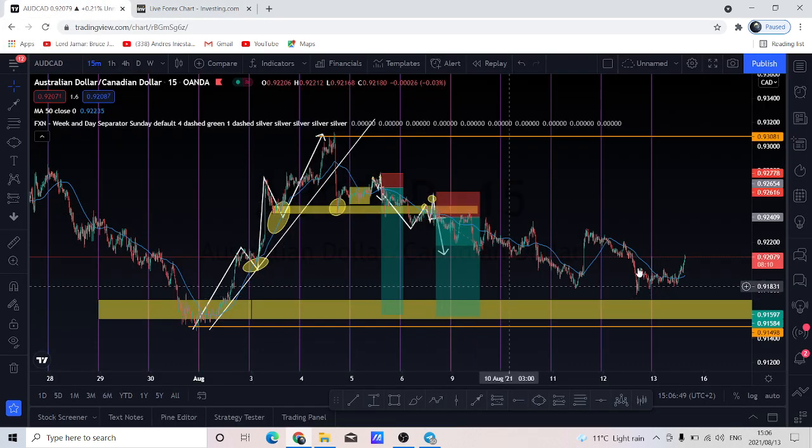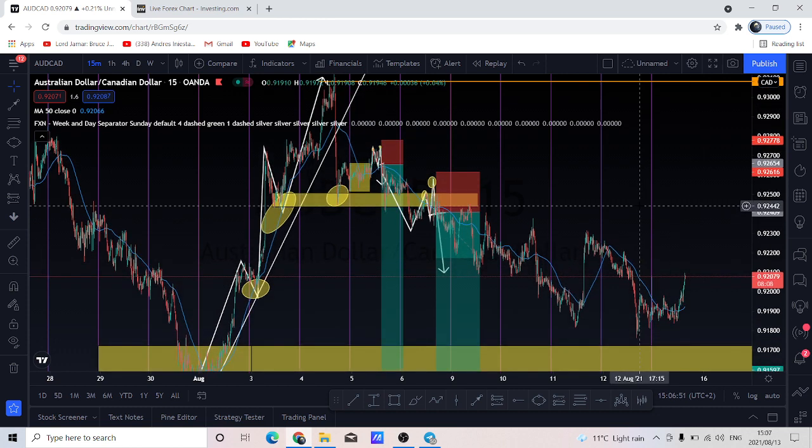So I was so confident that AUD is going to proceed with the downtrend because Canadian dollar is neutral. So whenever AUD wants to go down, the CAD is going to allow that because CAD doesn't have any power. It doesn't have power to go up. It doesn't have weakness to go down.